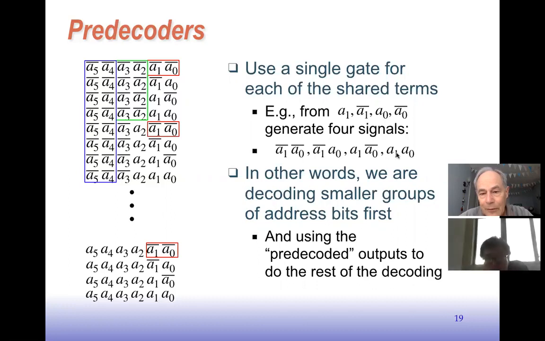One of these will be activated depending on the combination of A0 and A1. So that'll be a 1-hot encoding. We can do a similar thing for A2 and A3 and for A4 and A5. So we decode these in smaller groups and then use the decoded versions of these signals for the next level of decoding.